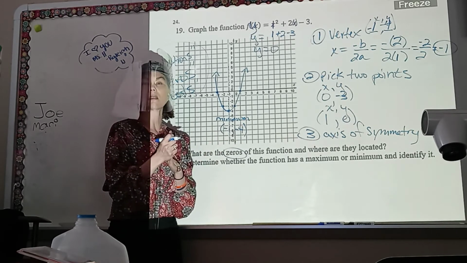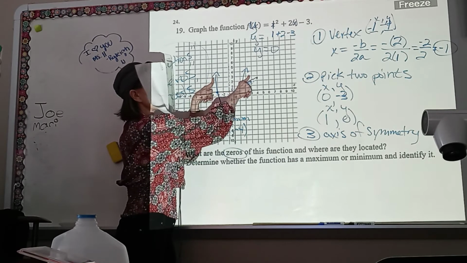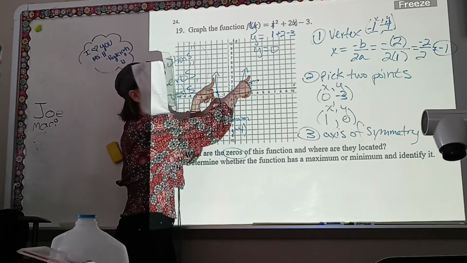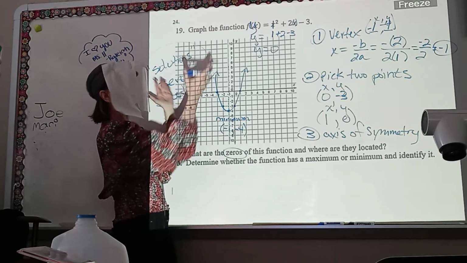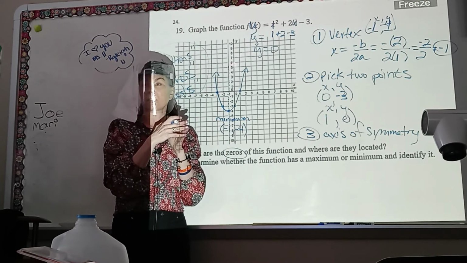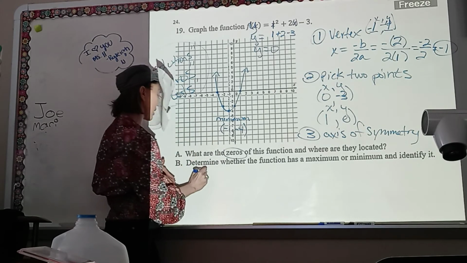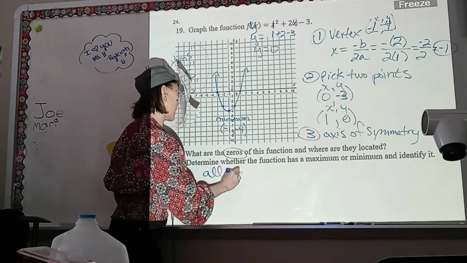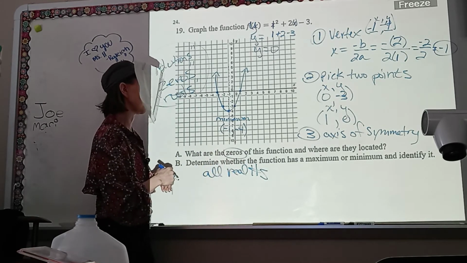So the domain, as we discussed yesterday, being that these arrows, this is a huge clue here, guys. The arrows mean that this parabola goes on forever and ever into infinity in both directions, okay? So the domain of this parabola would be all real numbers. Okay, I'm just putting this in here, even though that's not part of the question. I think it's a good review.